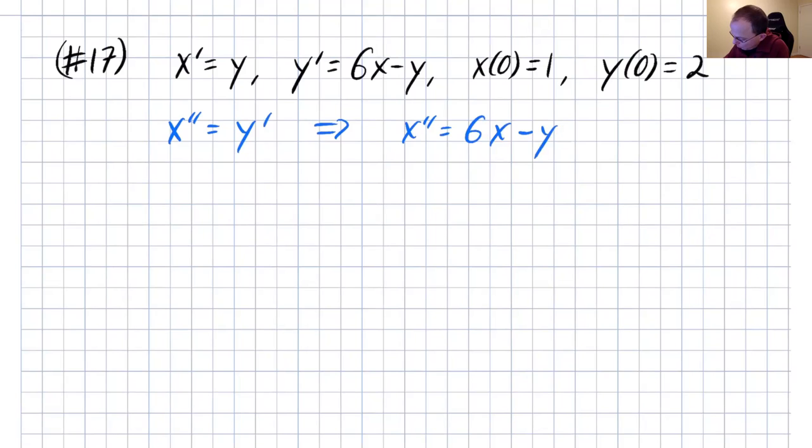Let's try to get rid of all the y's. We have x, x, and here's a y, but how do we replace that? Well, y is equal to x prime. So let's plug that in. And now we have a differential equation which we know how to solve.